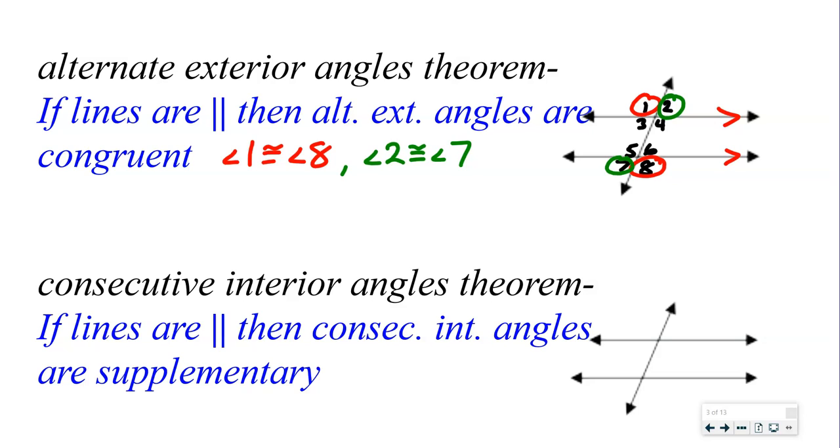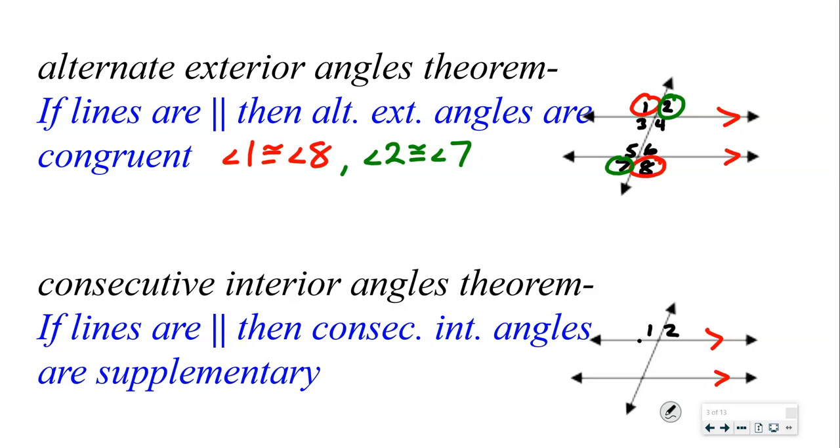Then consecutive interior angles theorem. If our lines are parallel, then consecutive interior angles are supplementary. So not congruent, supplementary. And remember, supplementary means adds together to get 180.